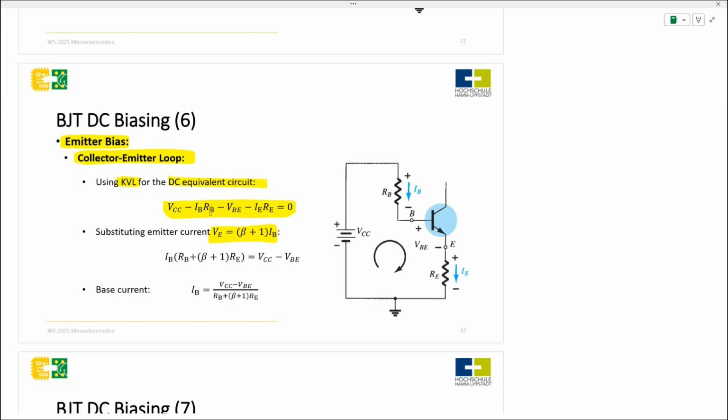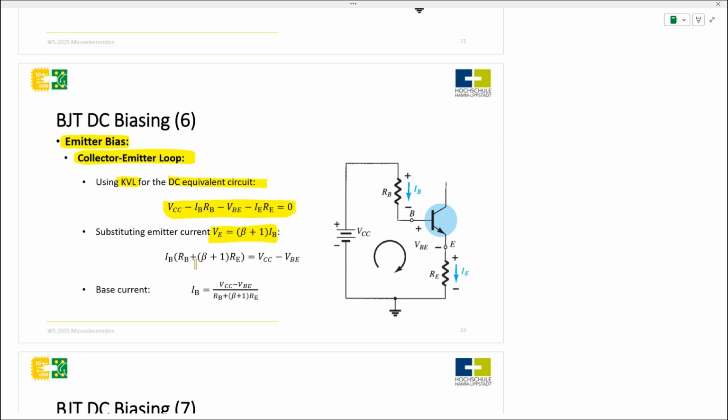So you replace it wherever there is an IE. So our equation will be as follows: VCC minus VBE equals IB RB plus IE RE.